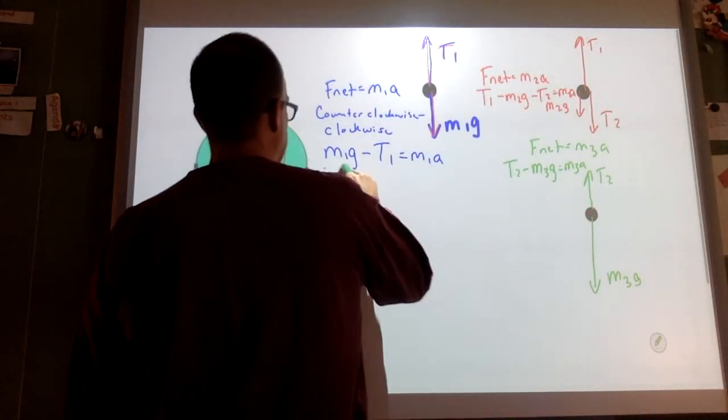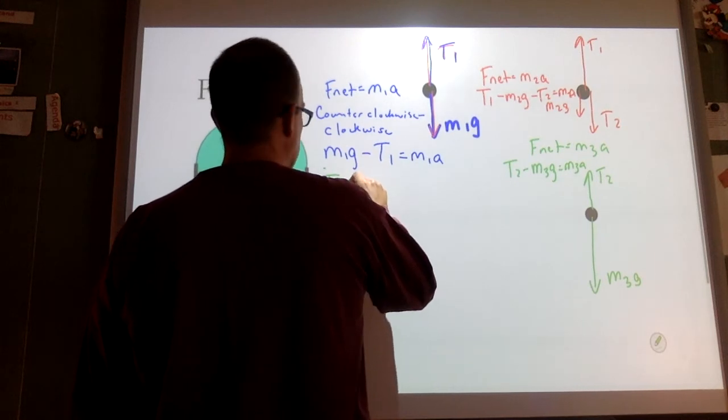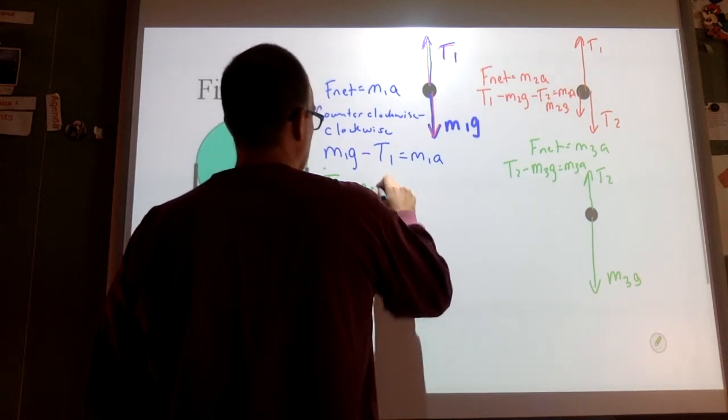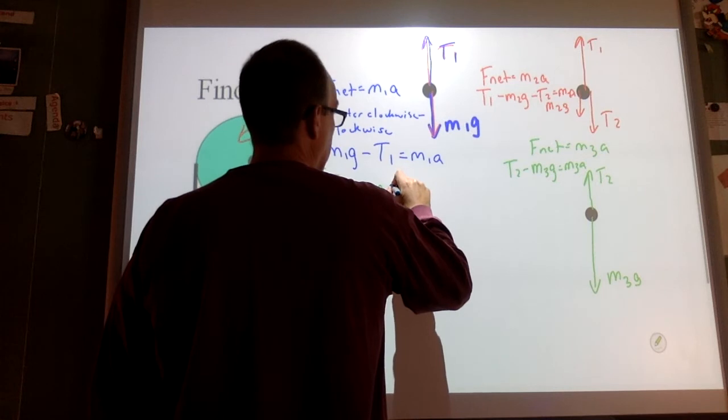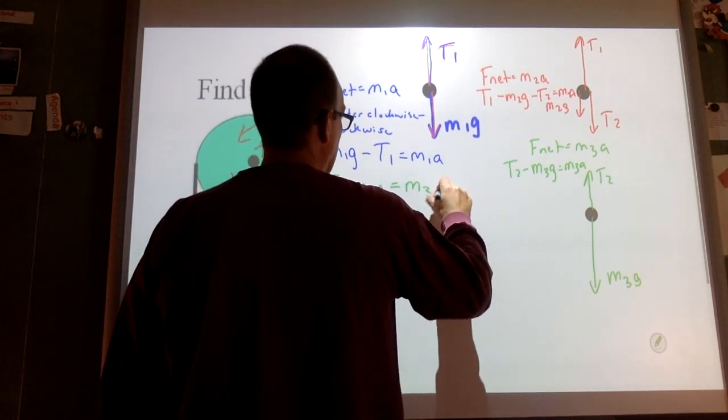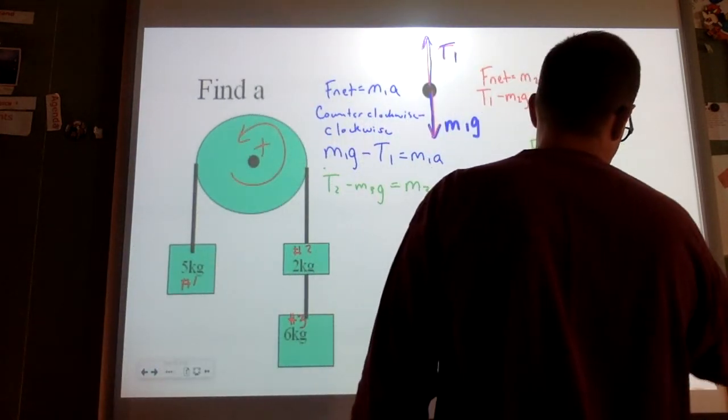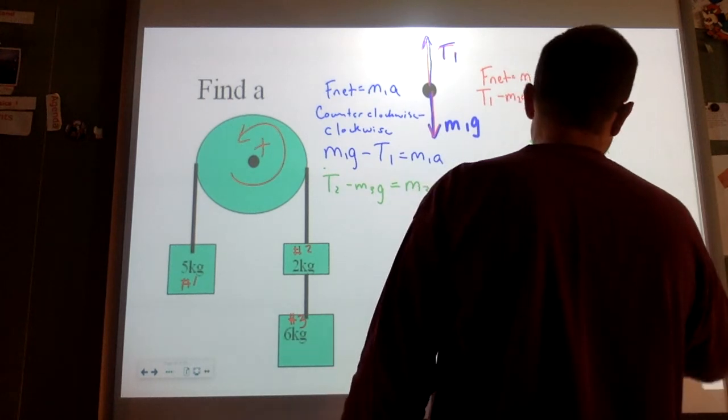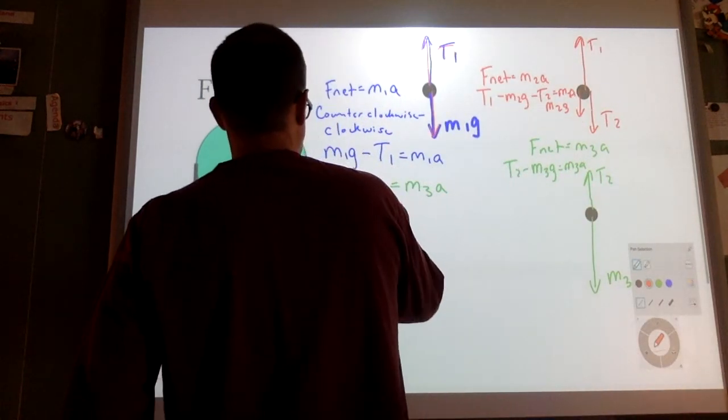And if I put these underneath each other, we're going to see the same thing we saw when there was 2. That we're going to have some tensions that cancel.